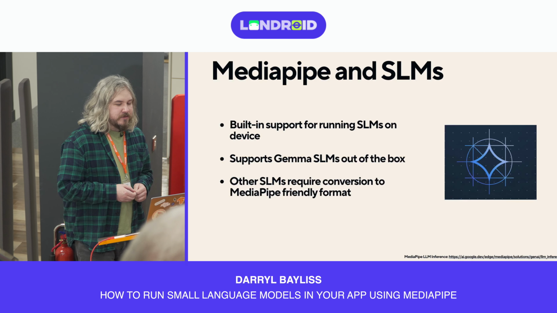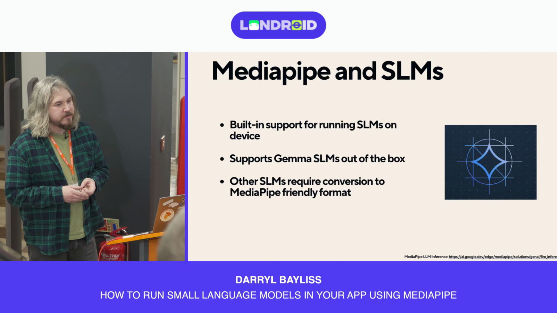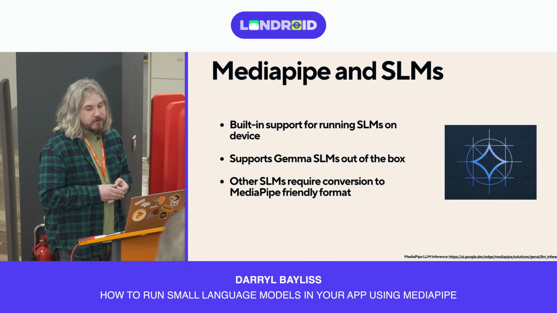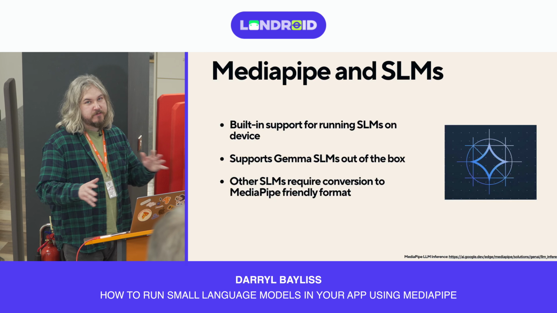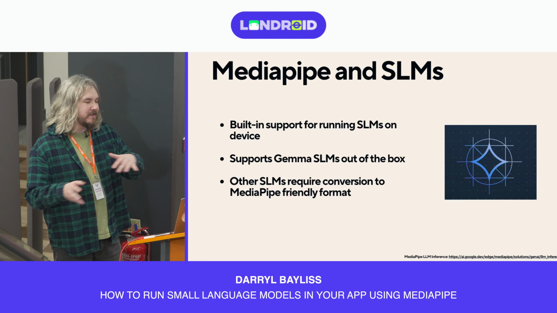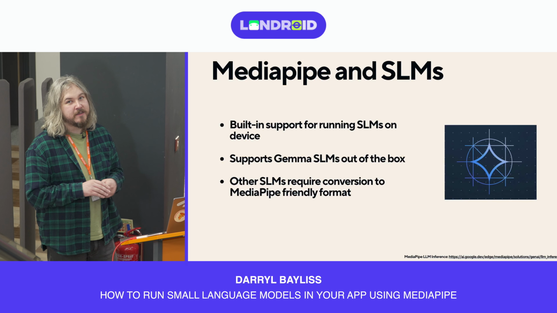If you want to use other types, so things like Phi-4 from Microsoft, or maybe Llama, or any other kinds of model that you find on the internet, you need to do a few additional steps to be able to convert that into a format that MediaPipe is happy with.